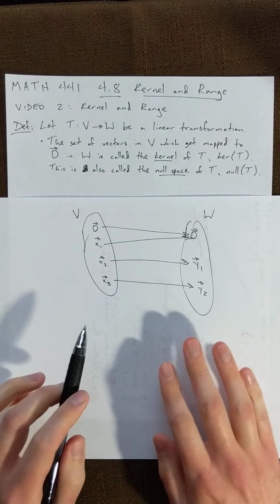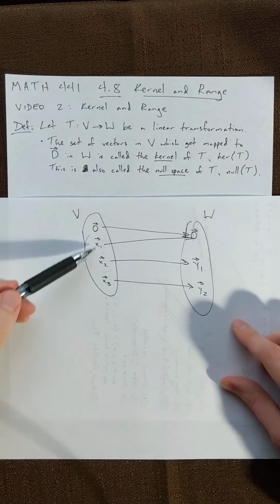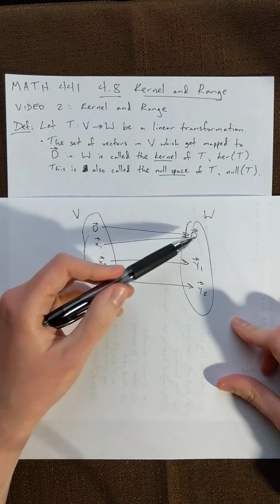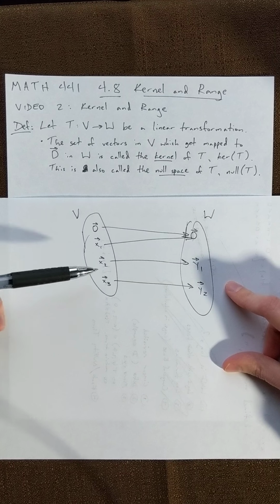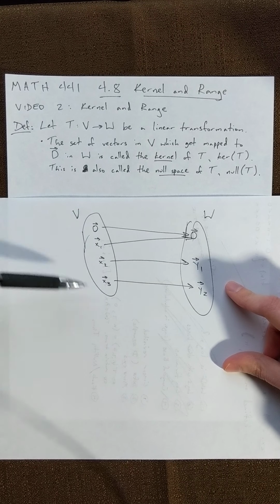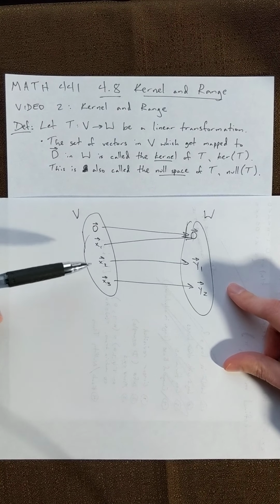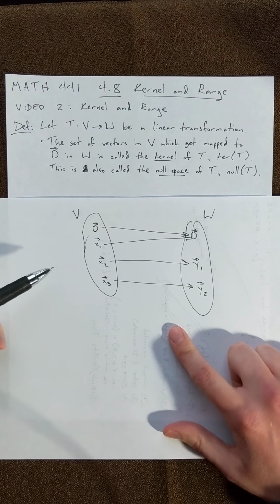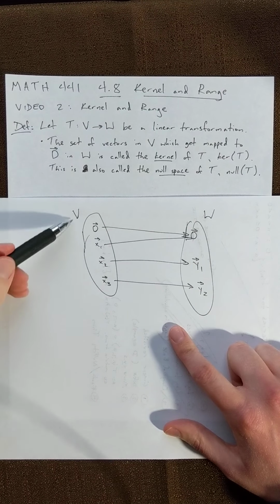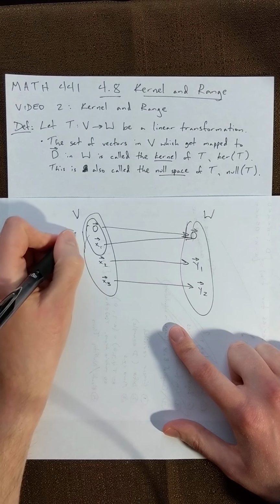Now this is overly simplified because I'm looking at finitely many vectors going to finitely many vectors, whereas when we're talking about linear transformations in vector spaces, there are infinitely many because we also have multiples of every vector. But just as a way of getting the point across, my kernel would be all things in the starting set that get sent to zero. So which things get sent to zero? Those two things. This would be our kernel.